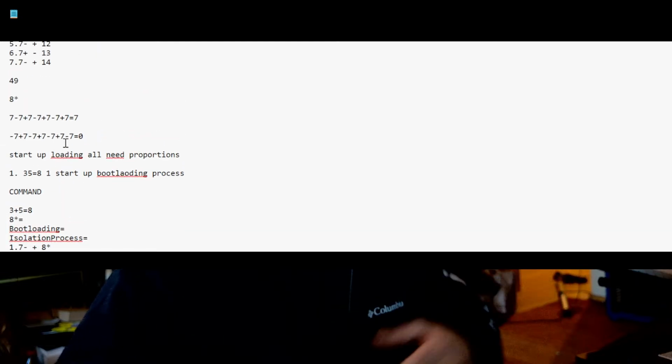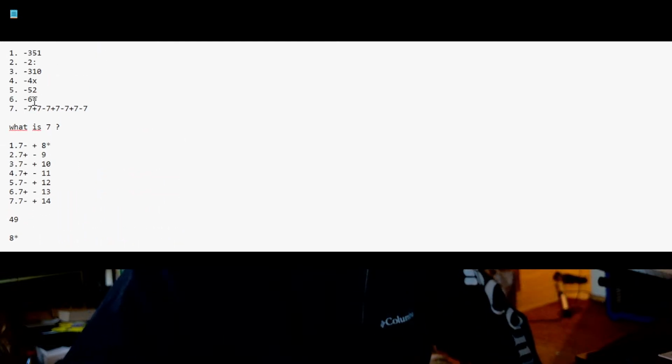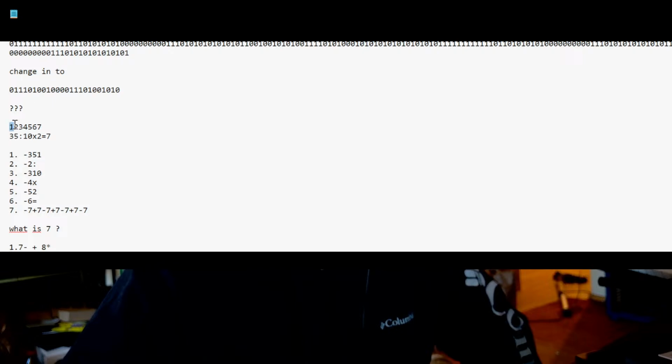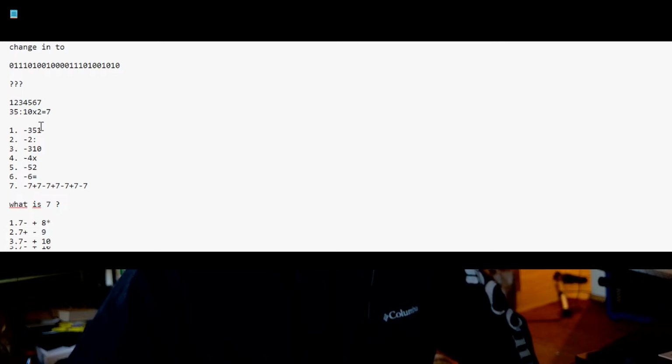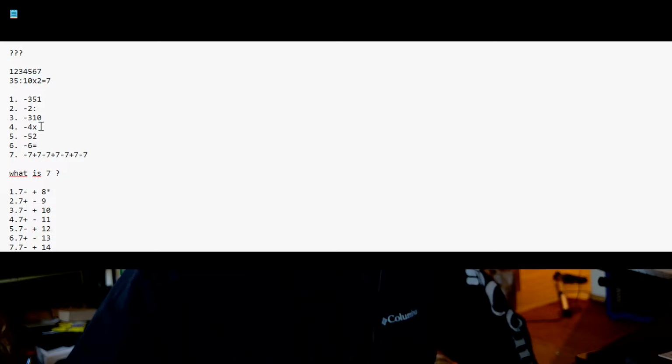So the result, this is this number line here, 1, 2, 3, 4, 5, 6, 7. This means that the process is in an isolated process, or does not mean that it's in a safe process, right? So what does it mean if a virus gets inside, the process may be broken anyway, right?